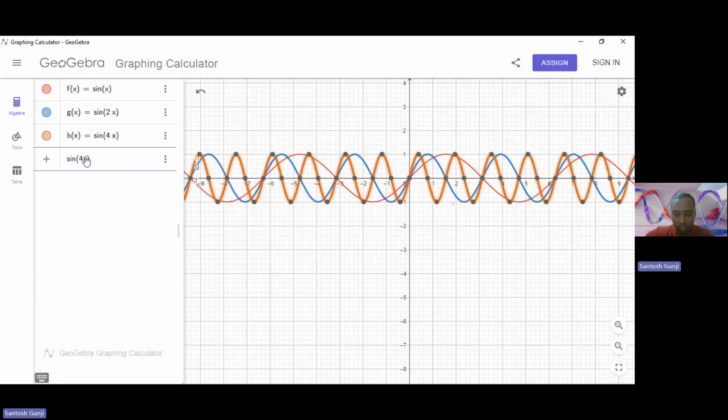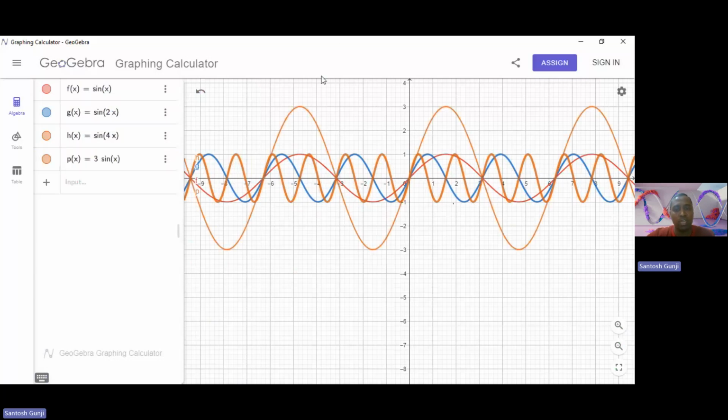Suppose the sin x function is multiplied by 3. You will see an immediate change in the amplitude of this graph. The highest point will reach 3 and the lowest point is minus 3, which says that when you multiply the sin x function by any coefficient, the amplitude will get changed by that many times.